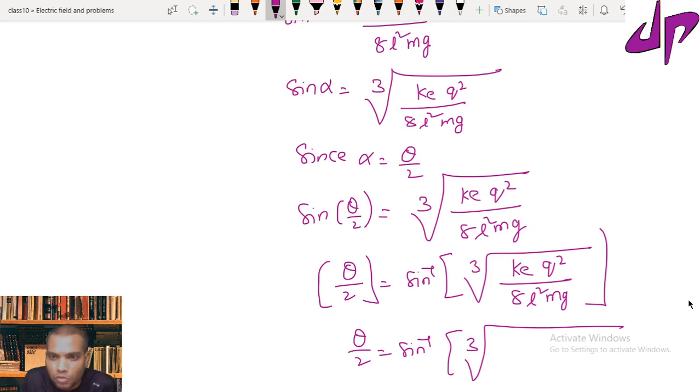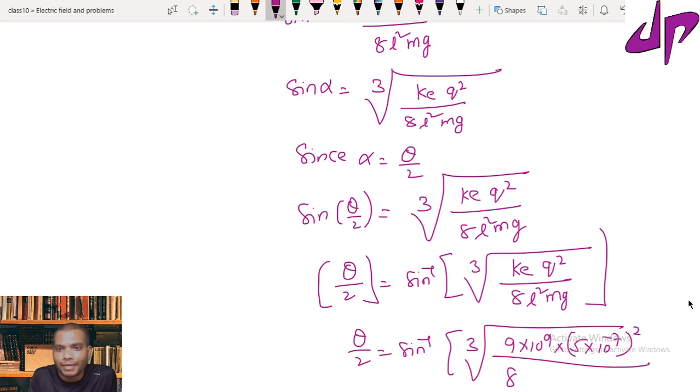You can substitute the values: ke, Coulomb's constant, that I can take as 9 times 10 power 9, times charge, it is 5 times 10 power minus 7 whole square, upon 8. Length is given as 30 centimeter.